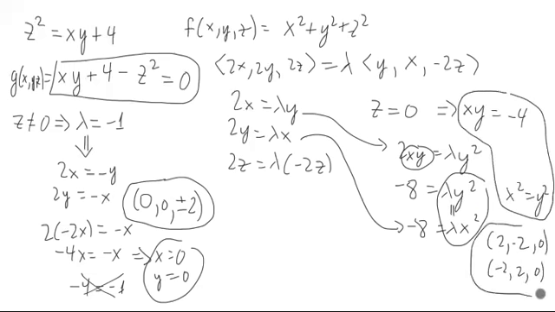So we end up getting 4 potential points to check for the minimum. If we put these in, obviously these points give us a minimum value of 4 for the output of f, which, if you take the square root, is 2. So a minimum distance of 2.